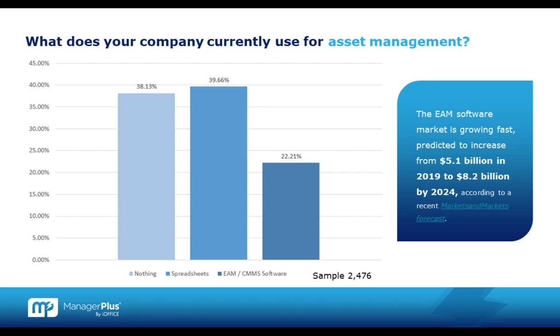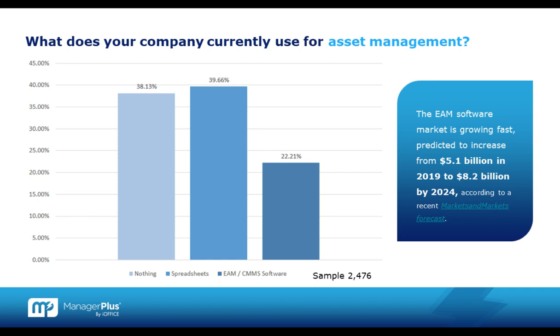So it's really no wonder why today's businesses are increasingly looking to implement a system that empowers managers to get deep insights into the health of their assets and also the performance of their assets. Ultimately, managers need peace of mind knowing that their investments and assets are being managed properly.